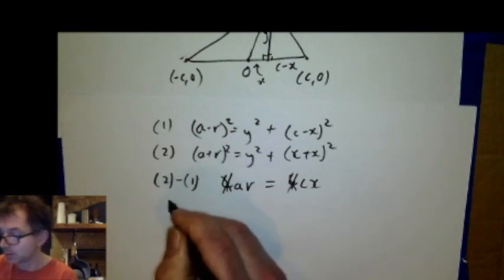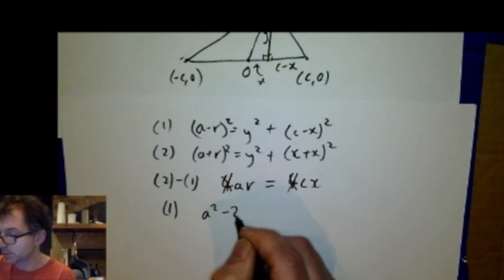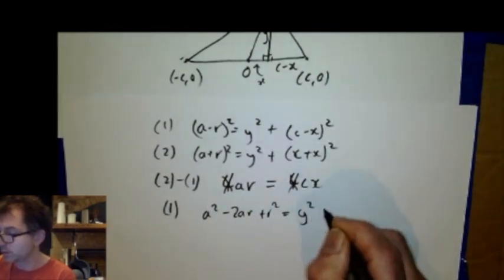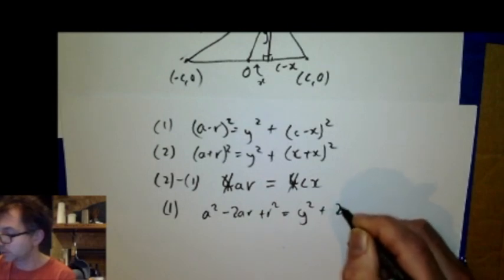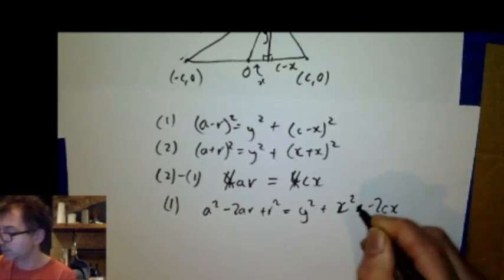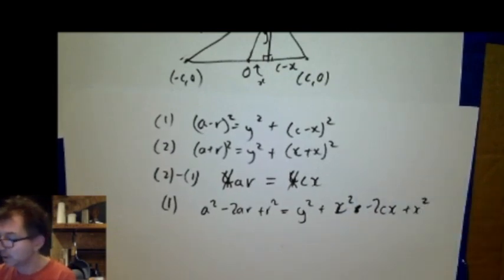So 1 gives us a squared minus 2ar plus r squared is y squared plus c squared minus 2cx plus x squared. And we notice that this ar and this cx cancel, which is nice.